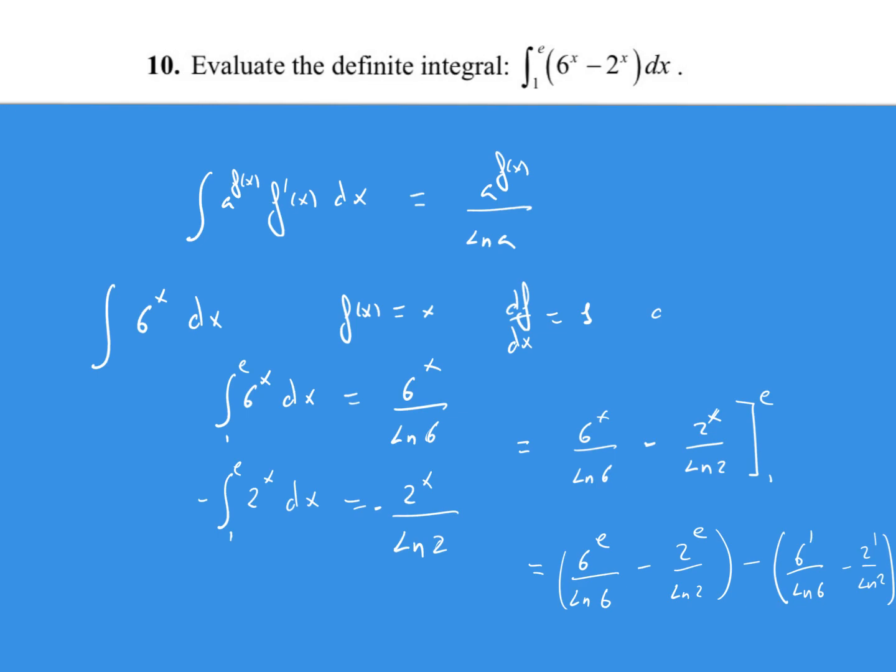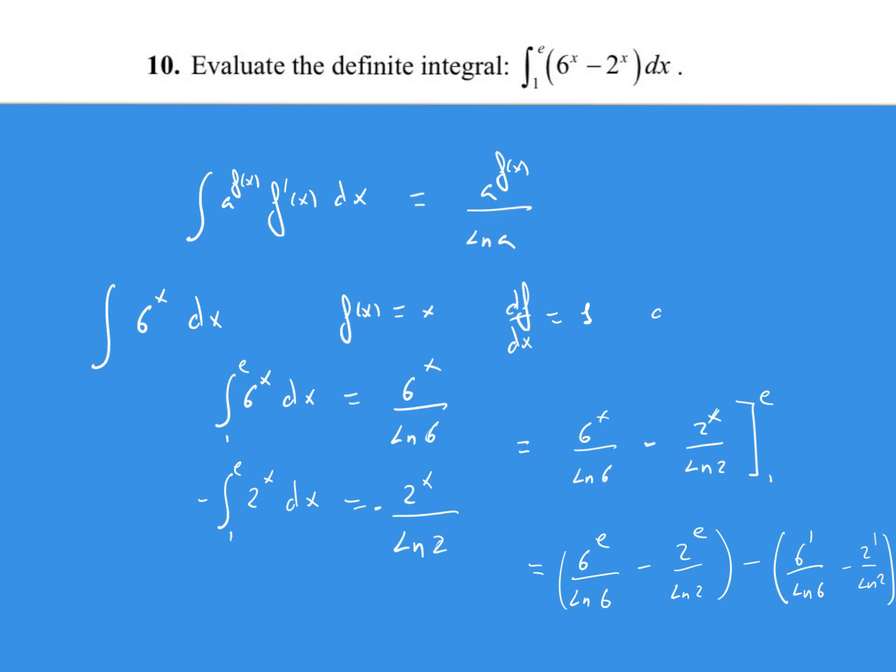So the integral from 1 to e of 6 to the x dx is 6 to the x divided by the natural log of 6.